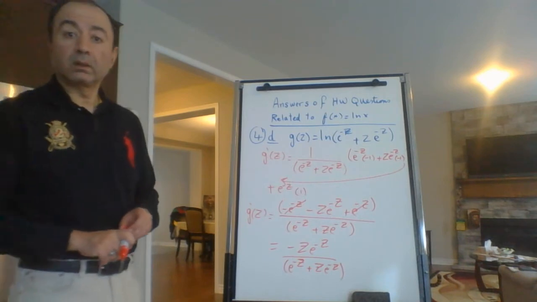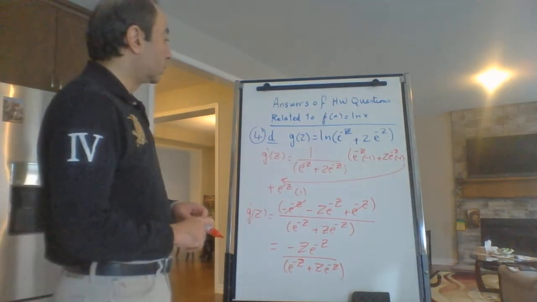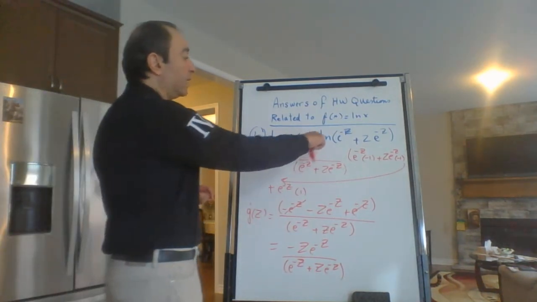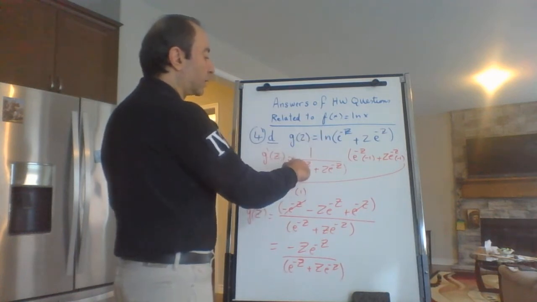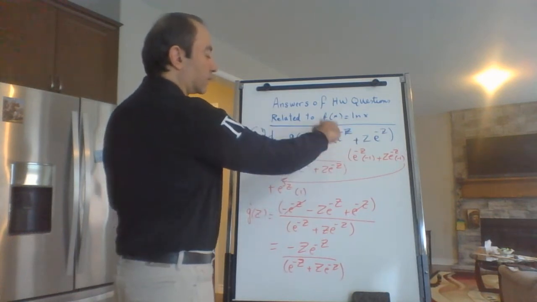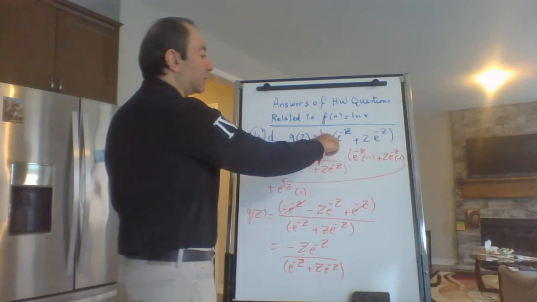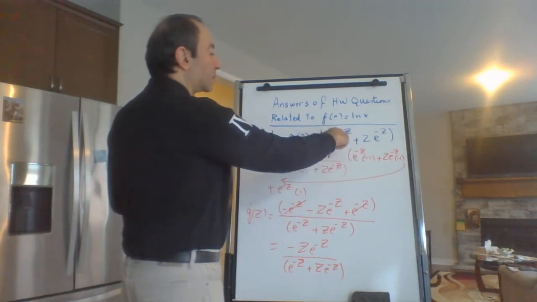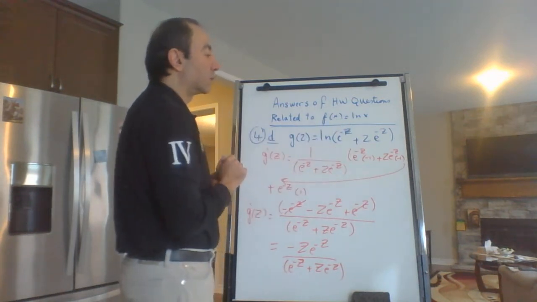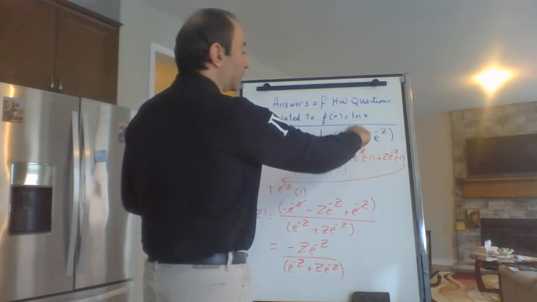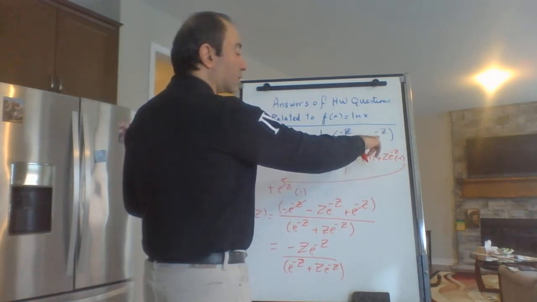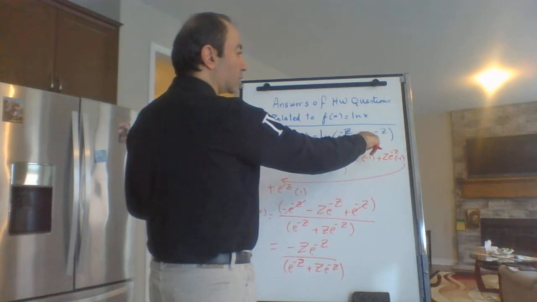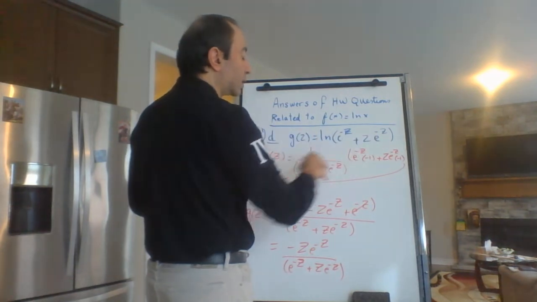Okay, I will go over this again. ln f of x, so 1 over f of x times the derivative of this. The derivative of that is e to the power of negative z times the derivative of negative z, which is negative 1, plus the derivative of the second function. For the second function, we have to use the product rule because those are two functions multiplied together.